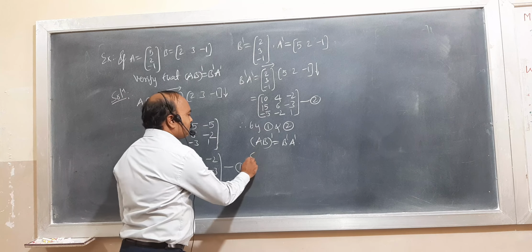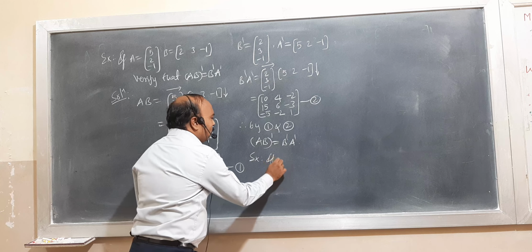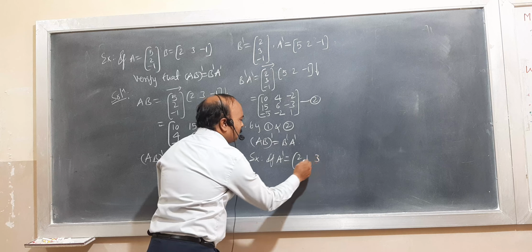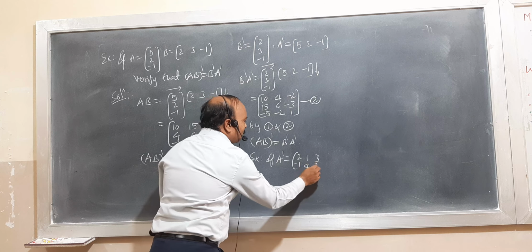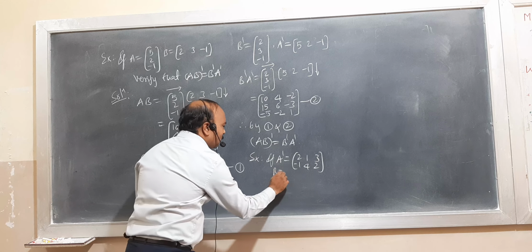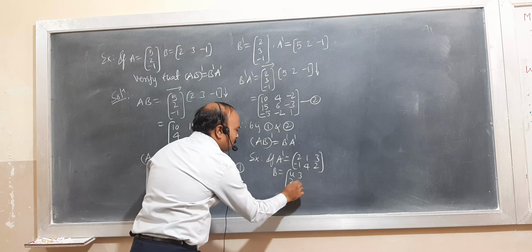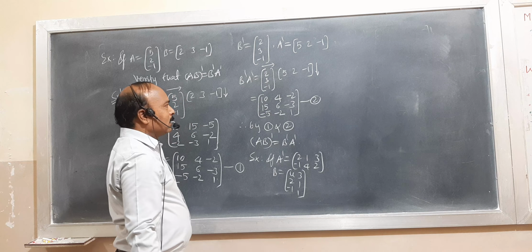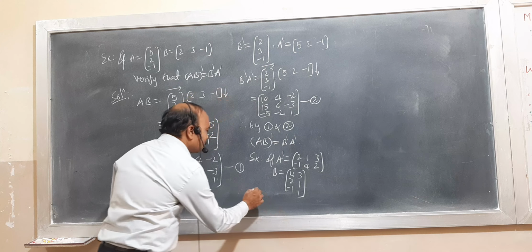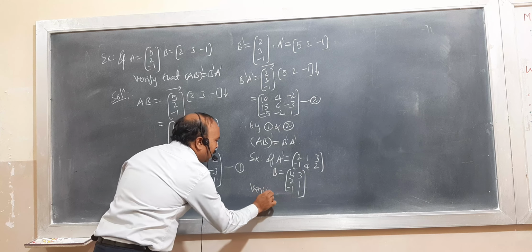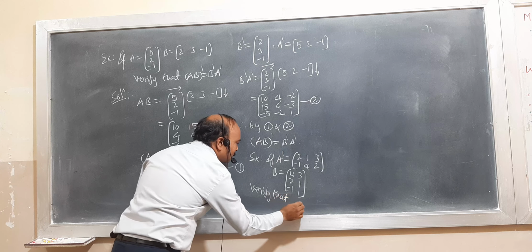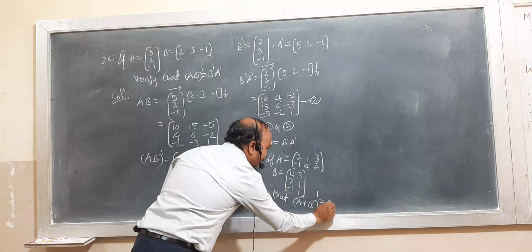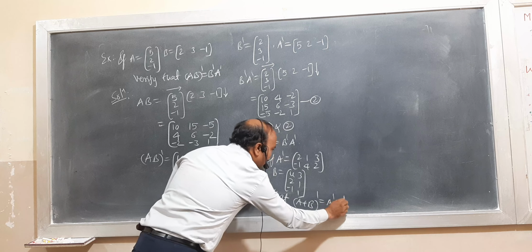If A' equals 2, 1, 3, minus 1, 4, 2, and B equals 4, 3, 2, 1, minus 1, 1, then verify that (A plus B)' equals A' plus B'.